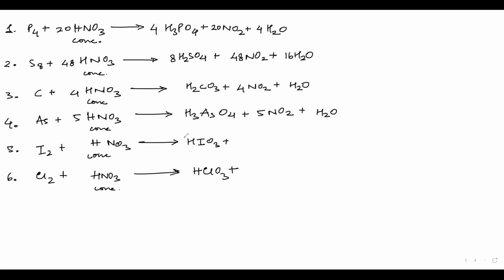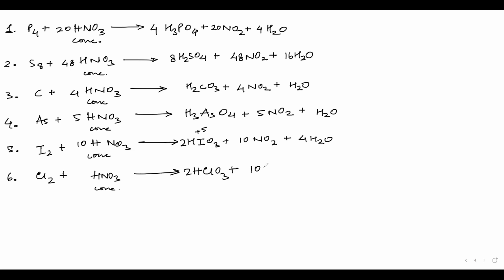Now iodine, you have to start here with 2 and 2 here. And when you see the change in the form, then this will be I2 and this will be +5. So this will be 10, plus 10 NO2, and we have to add 4 H2O.